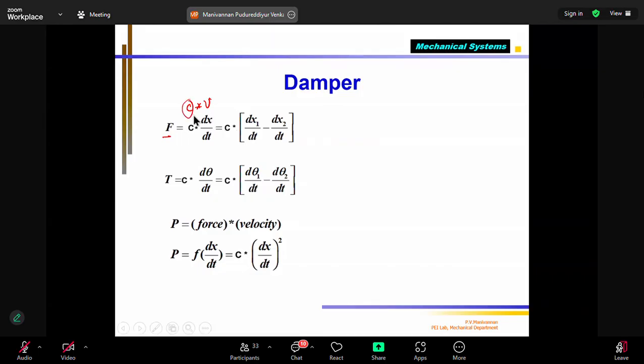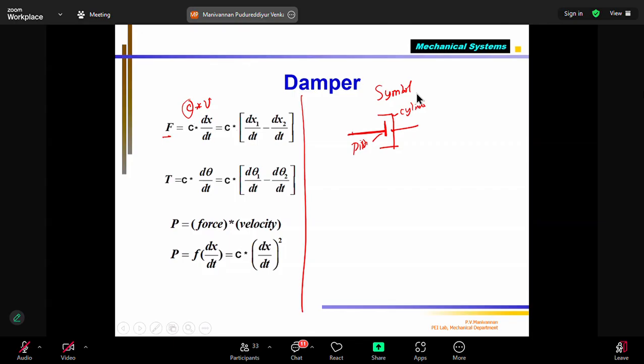Now, how is the damper generally represented in documents? The damper is represented something like this. This is the symbol for the damper. This represents the cylinder, this represents the piston, correct?